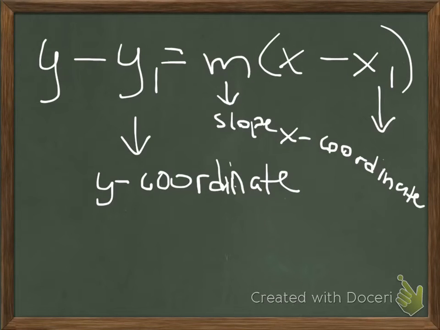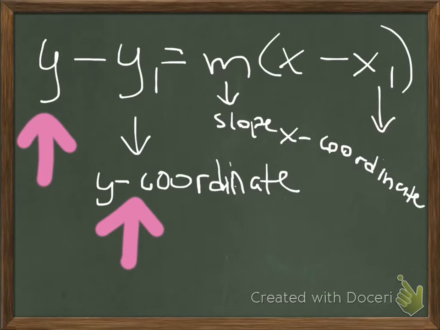This would be an example of what you would do to set up point-slope form. In this case, this y is going to stay as y, and then for y sub 1 you're going to plug in a y coordinate, because you're going to be given an ordered pair. The y coordinate of the ordered pair will go in for y sub 1.